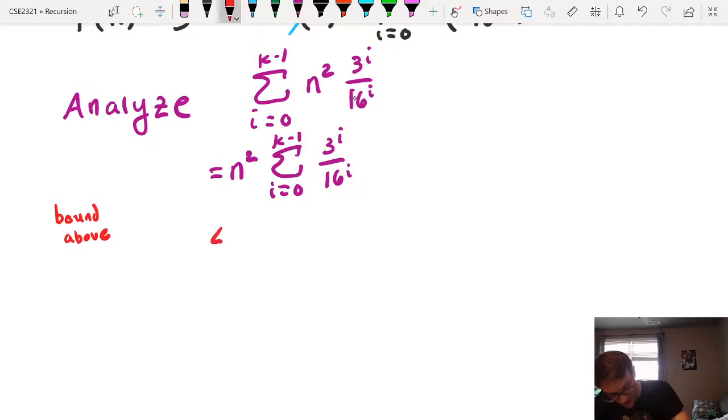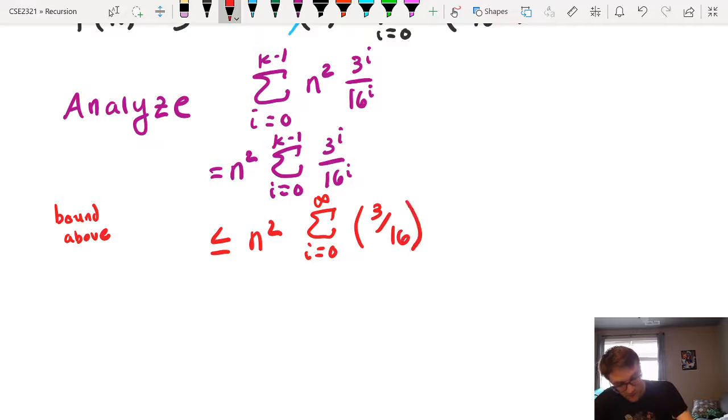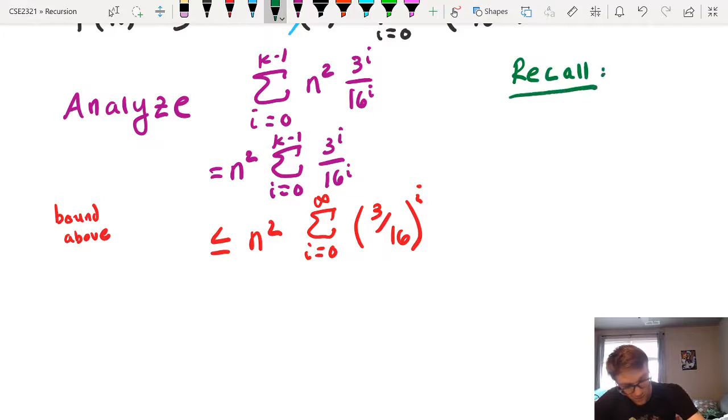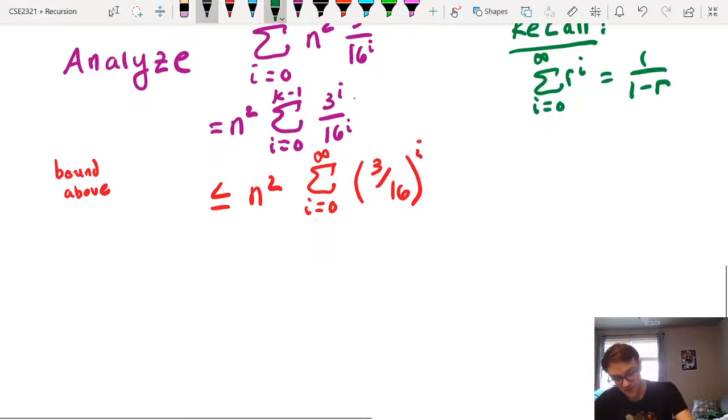To bound it above, we can write it as an infinite summation. That definitely makes it bigger. And I can write the inside as 3 over 16 to the i. And maybe somewhere to the side we say, hey, recall that the sum from i equals 0 to infinity of r to the i is 1 over 1 minus r. So let's use that fact.